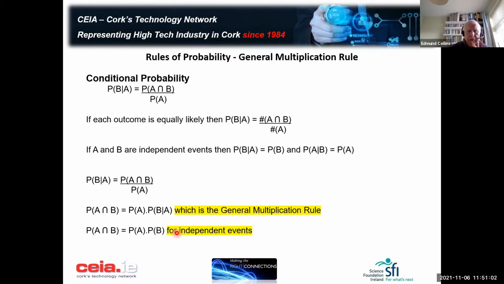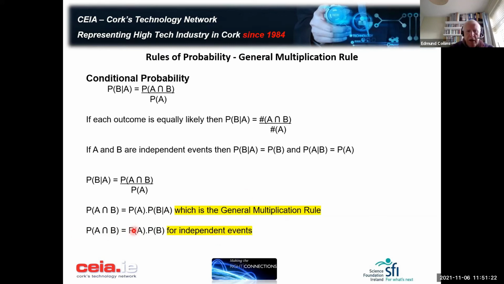However, if they're independent events, then we don't need to worry about the conditionality, and we can simplify it to this. The probability of A and B equals the probability of A multiplied by the probability of B for independent events.